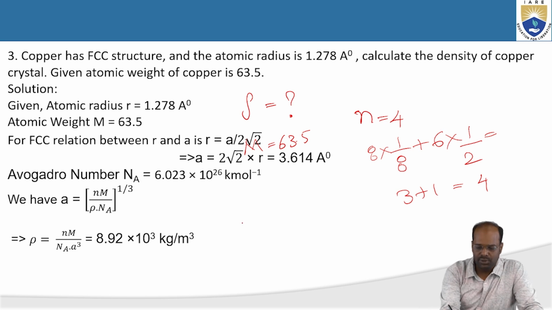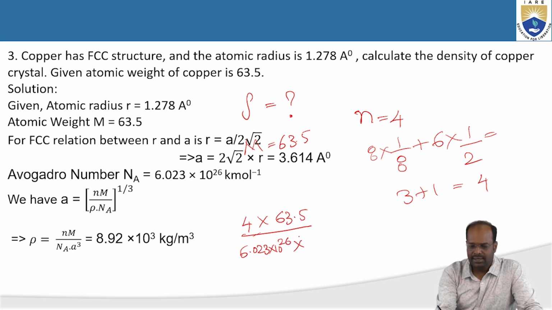Just substituting N is equal to 4, molecular weight 63.5, Avogadro number 6.023 into 10 to the power of 26, into lattice constant cubed. What is the value we got? 3.614 into 10 to the power of minus 10 meters.